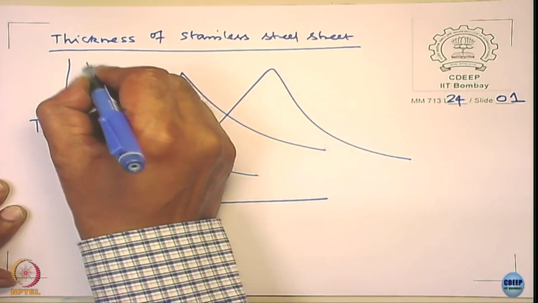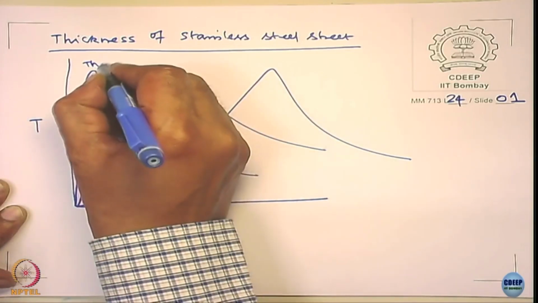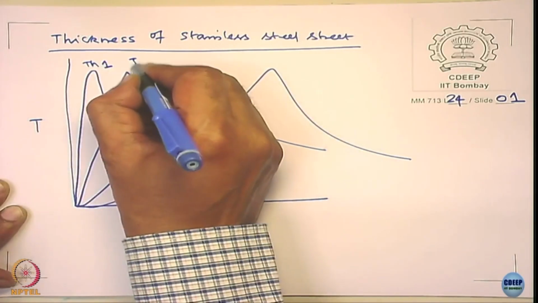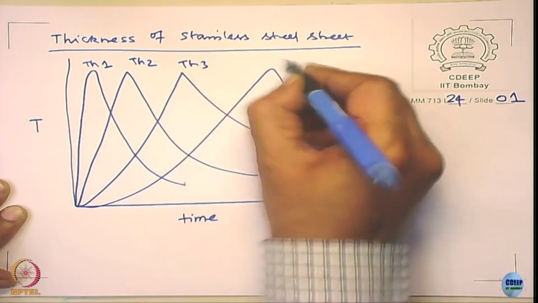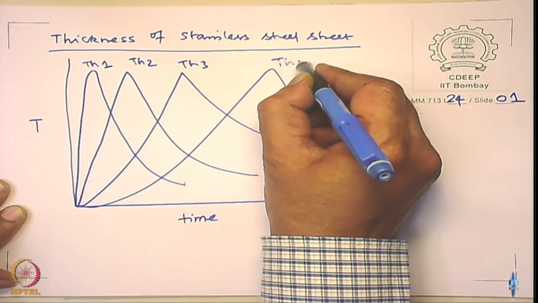I use thickness 1, thickness 2, thickness 3 and thickness 4.